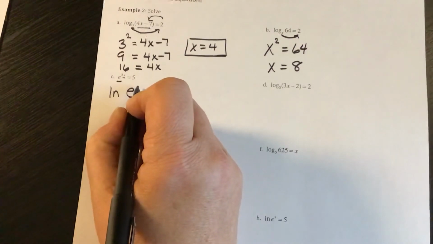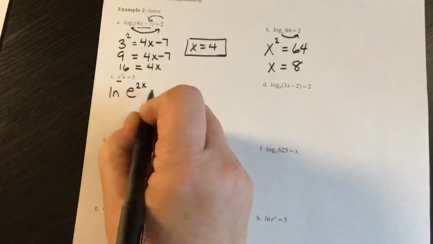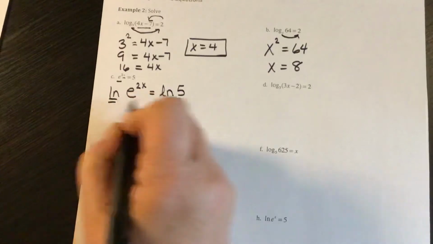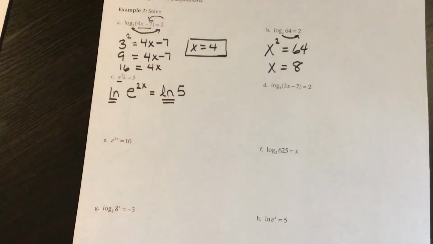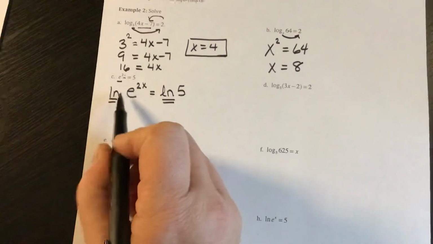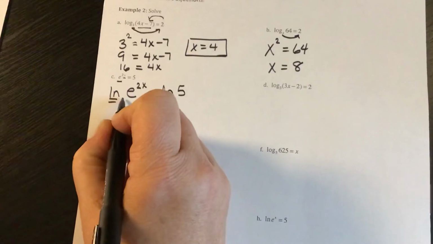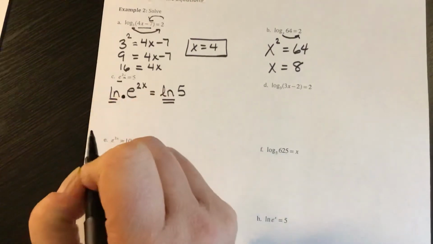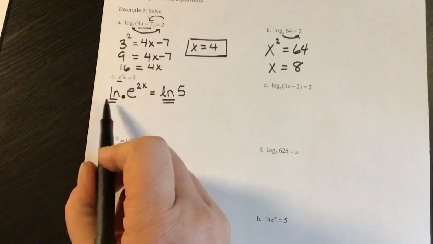So this is e to the 2x, sorry, it was hard to see, equals ln of 5. So I just did the natural log of both sides. On this side, I have a base e. Actually, there's two ways I can explain this.